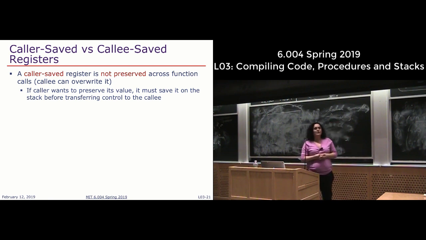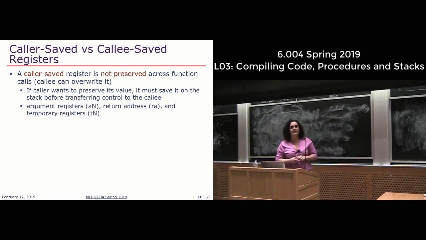So a caller-saved register is a register that's not preserved across function calls. Okay, so what that means is that your callee is allowed to overwrite it. So if it's important for your procedure to make sure that that register does not get overwritten, then it's the caller's responsibility to save it onto the stack before making the procedure call, okay?